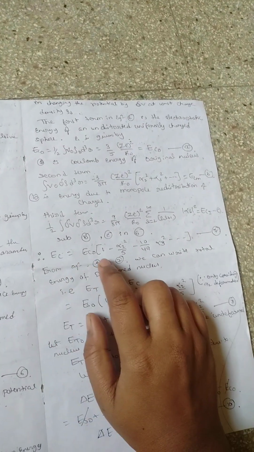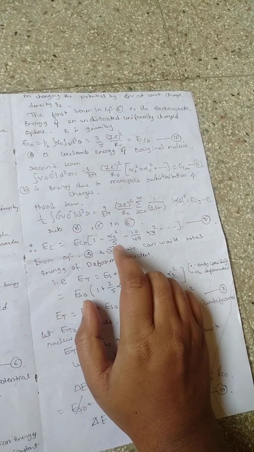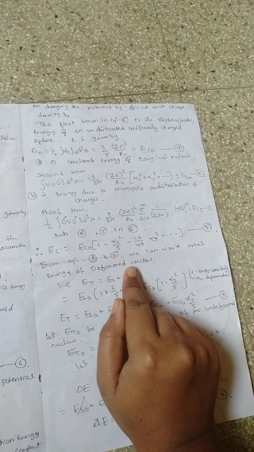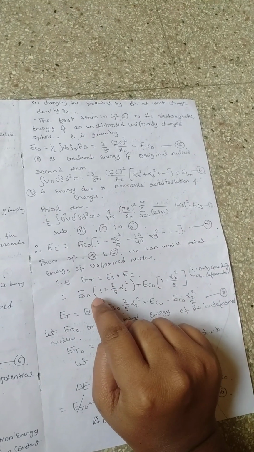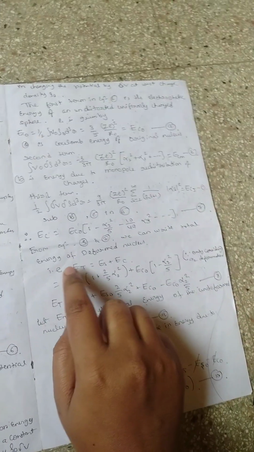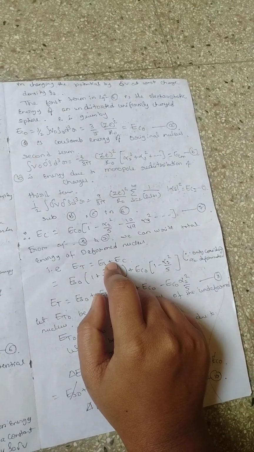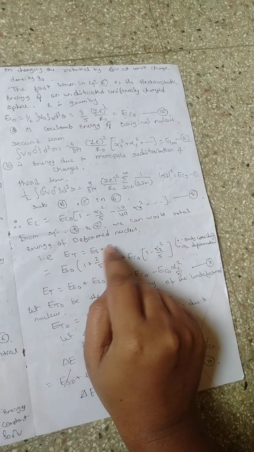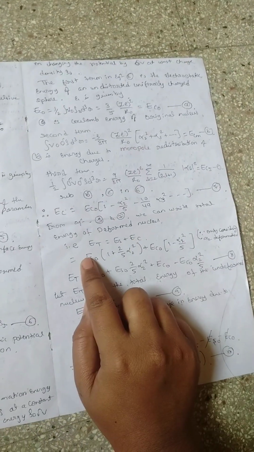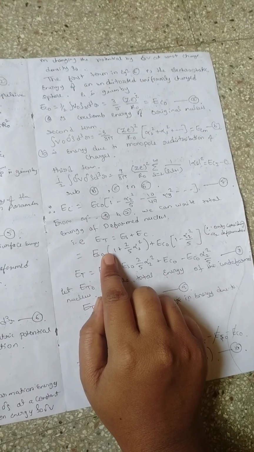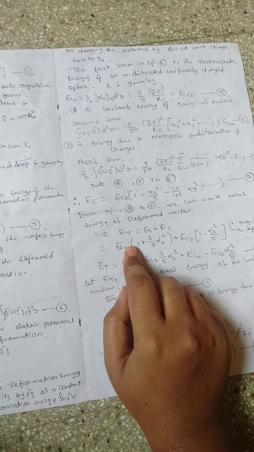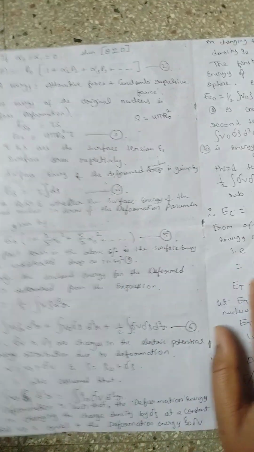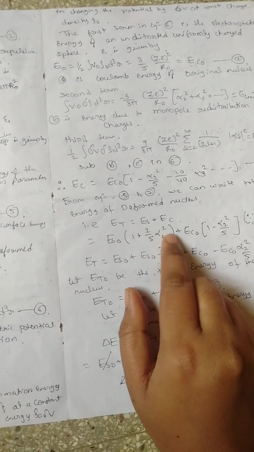From equations 5 and 7, we can write the total energy of the deformed nucleus. We know the total energy is equal to the attractive surface energy plus the Coulomb repulsive energy, that is E of S plus EC. E of S we found in equation number 5, that is E of S naught into 1 plus 2 by 5 alpha 2 square.